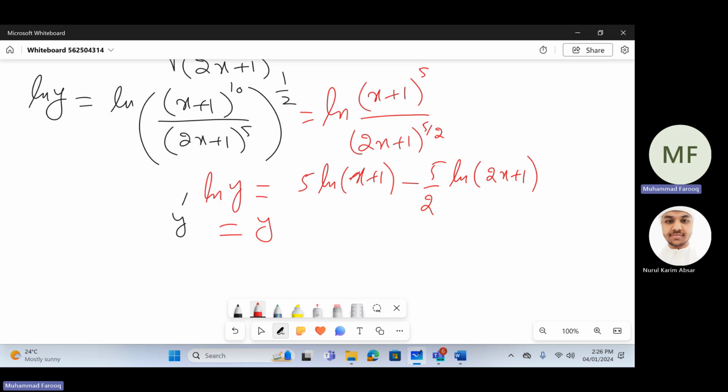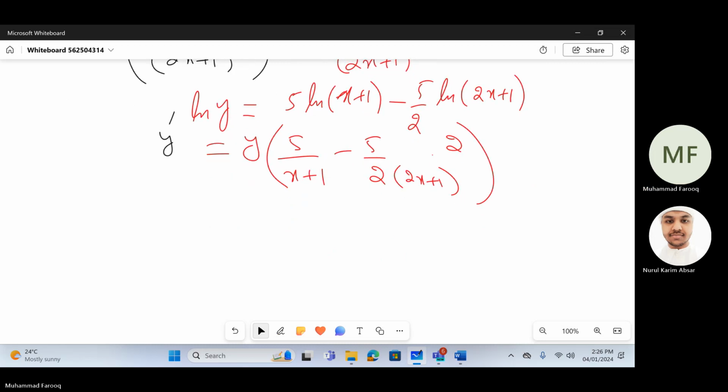Here this is 5 over x plus 1, because 5 is constant, no change: 1 over argument times the argument derivative, which is 1. Again, 5 by 2, and here it is 2x plus 1, times argument derivative, how much? 2.